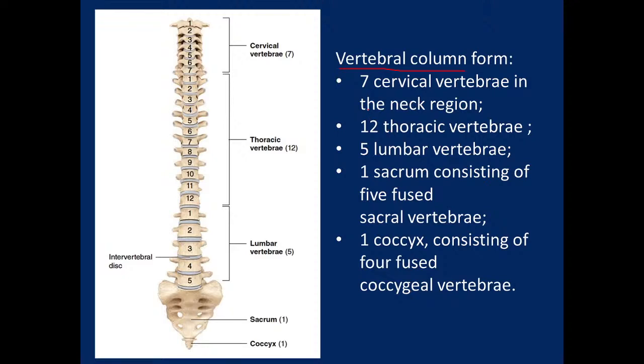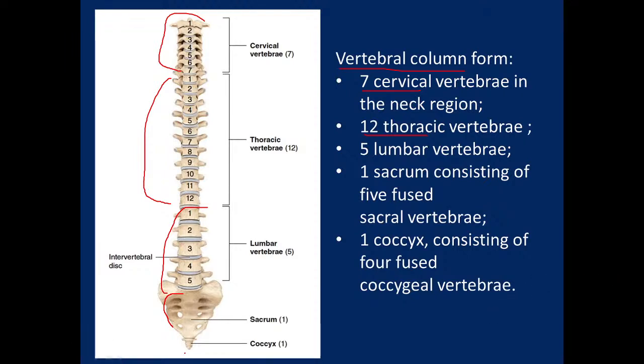This anatomical structure consists of 7 cervical vertebrae, 12 thoracic vertebrae, 5 lumbar vertebrae, and 5 sacral vertebrae, which fuse together.